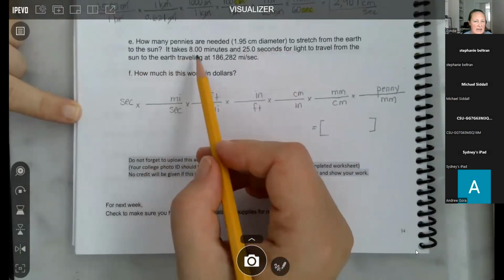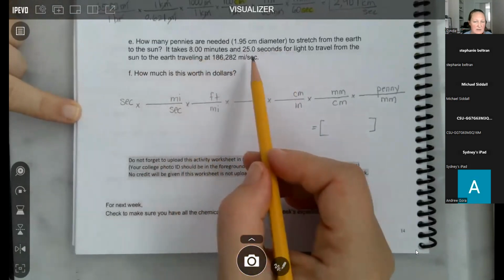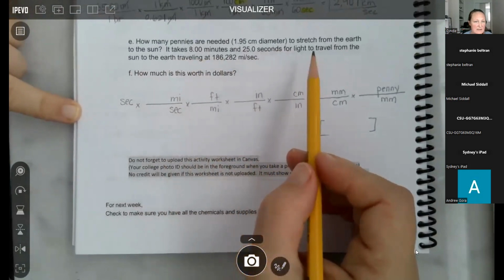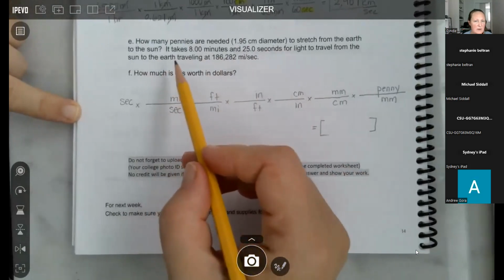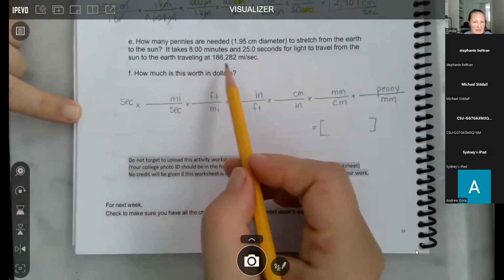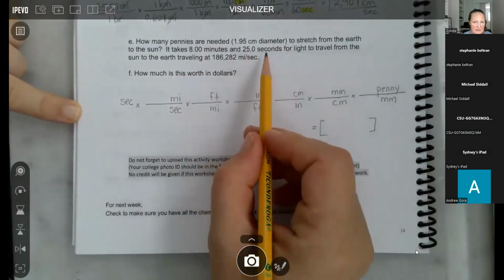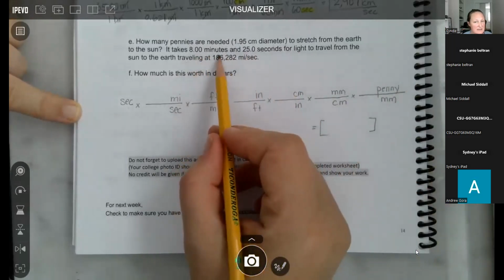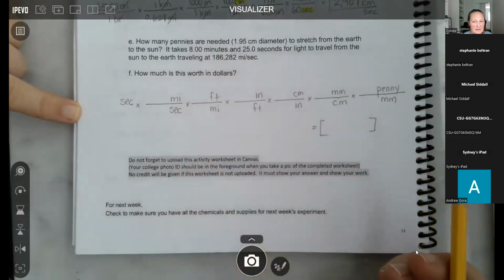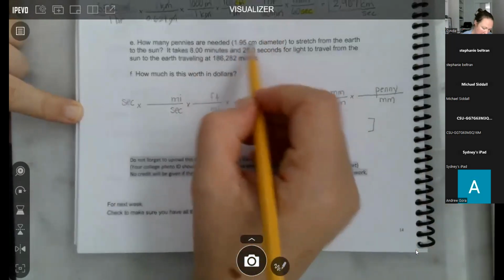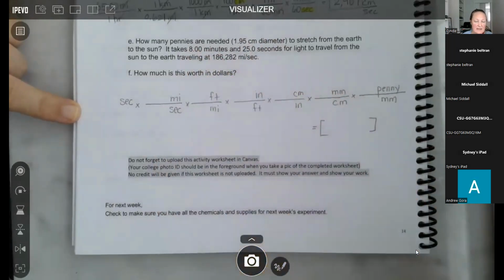It takes 8.00 minutes and 25.0 seconds for light to travel from the sun to the earth, traveling at this speed, a certain number of miles per second, very fast. I need to start from seconds, but I don't want to start from just 25 seconds because it takes 8 minutes and 25 seconds for light. So we need to convert the 8 minutes to seconds and then add in the additional 25 seconds.